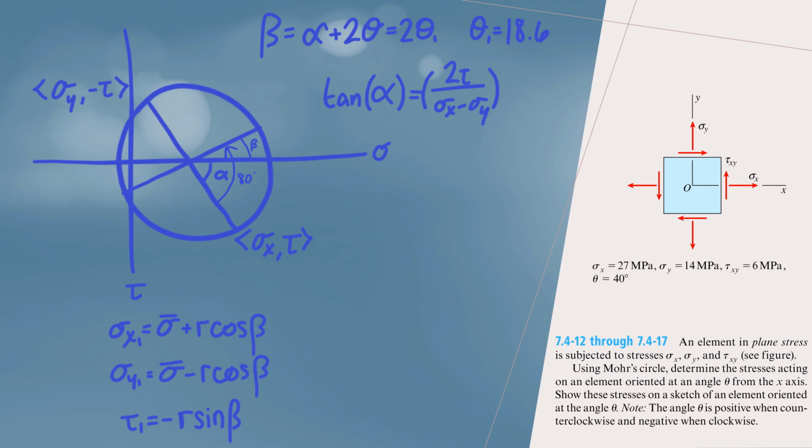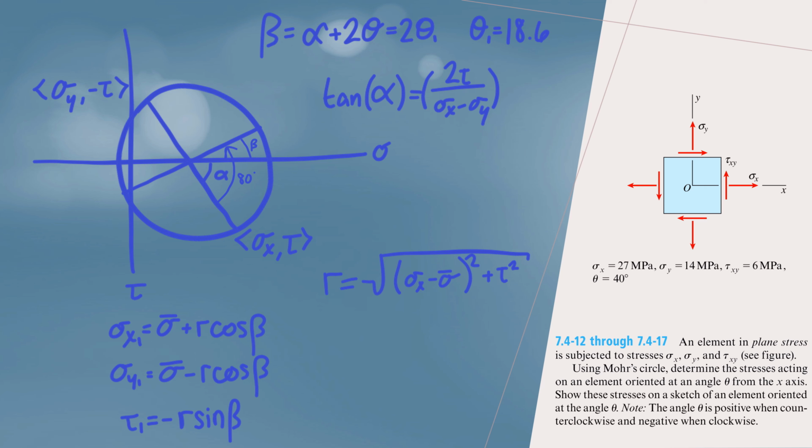So, we recall these equations from earlier. However, our R is different. And the reason our R is different is because in the previous problem, we didn't have any shear stress. So all we had to do was say R was just the average of the magnitudes. We were able to derive that R based on the geometry of our shape.